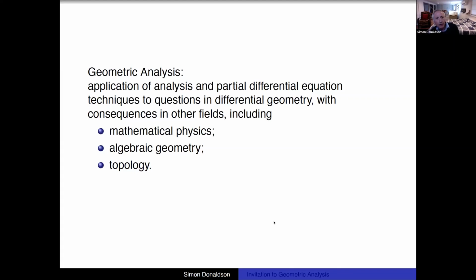And also, often these questions inspire and motivate advances back in analysis and PDE.